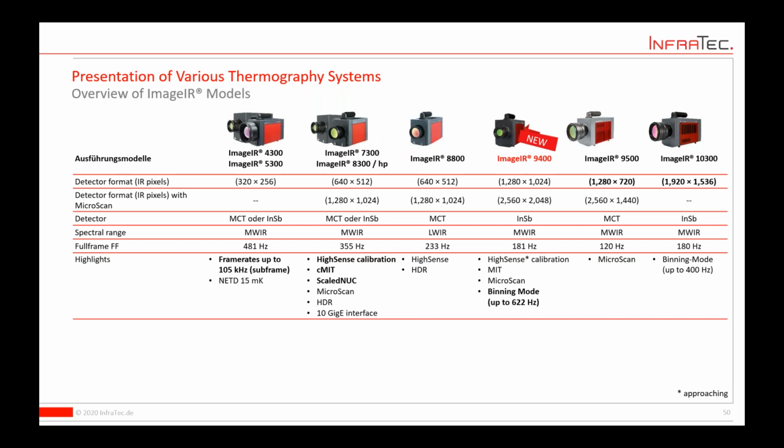So this is really a product that adds a ton of flexibility and is highly used by researchers who have different kinds of applications and want to use the camera for different applications simply.